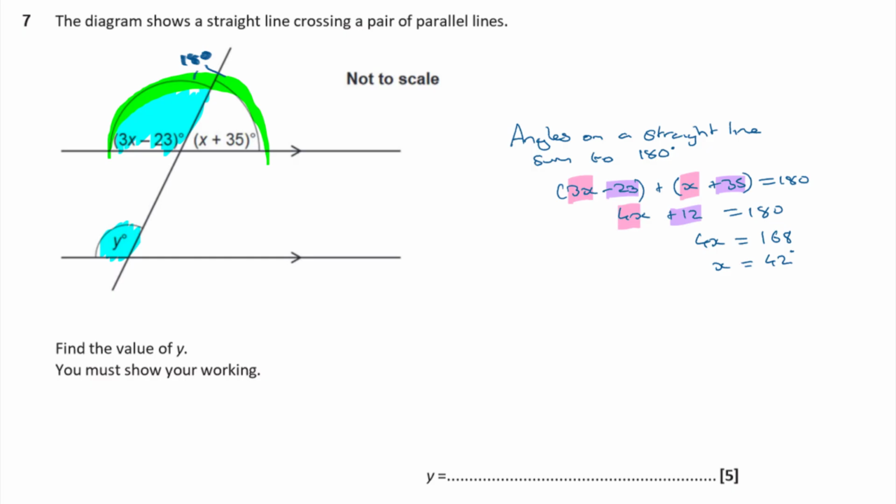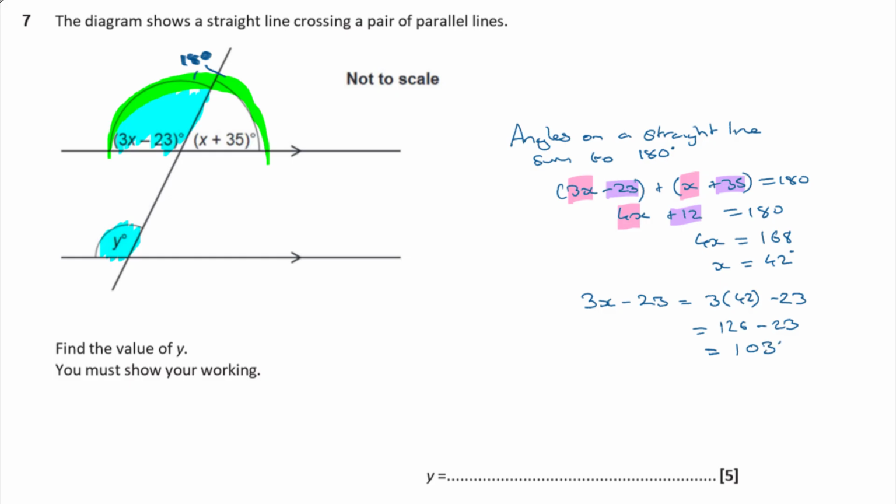Okay. So given that x is 42, what is that corresponding angle then? 3x minus 23 is 3 lots of 42 minus 23. 3 42s: 42, 84, 126, minus 23 comes out to be 103.